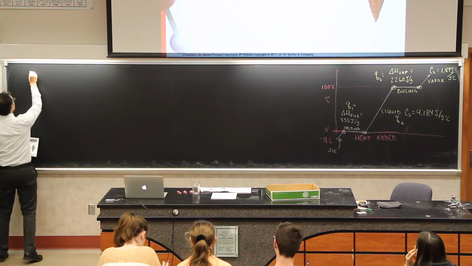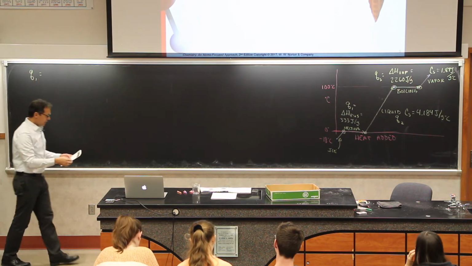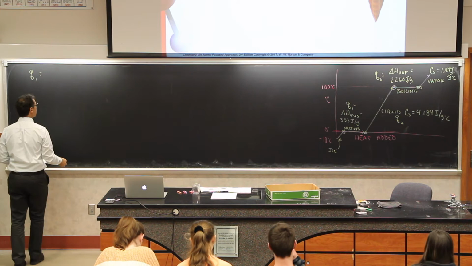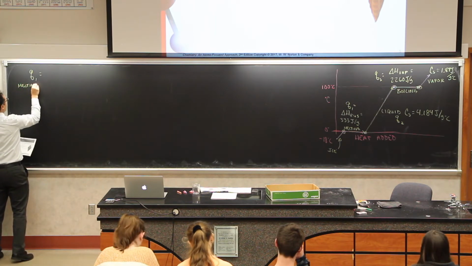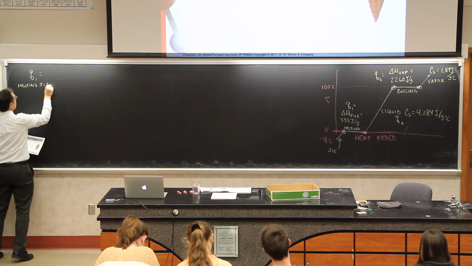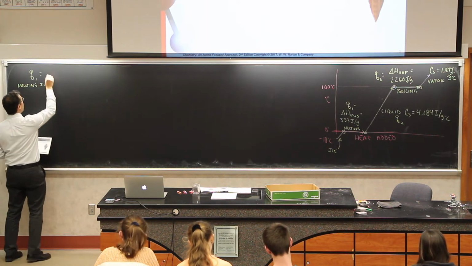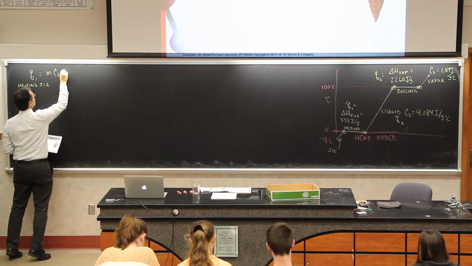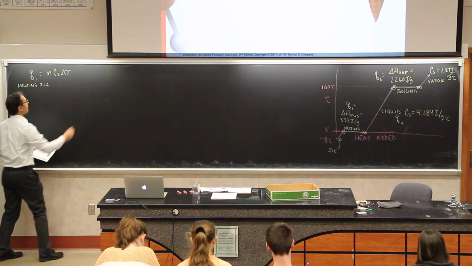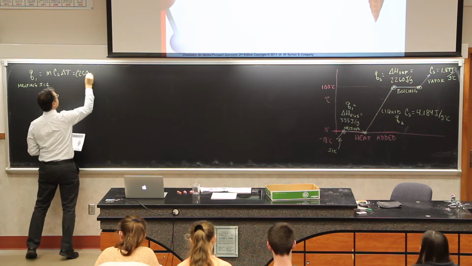So what I'm going to do is start out with my Q1. And my Q1 here is going to be melting ice. And we have an equation for this: mass times C sub S times delta T. And our mass is 250 grams.